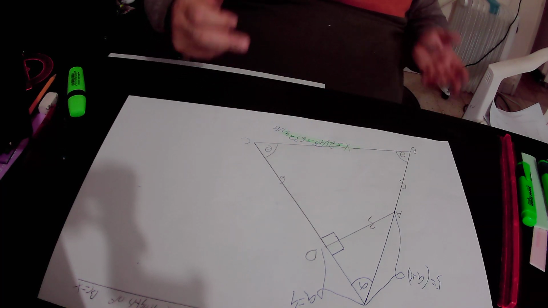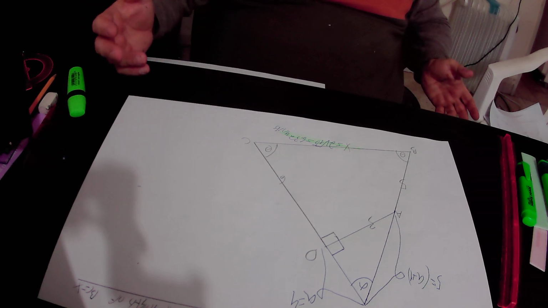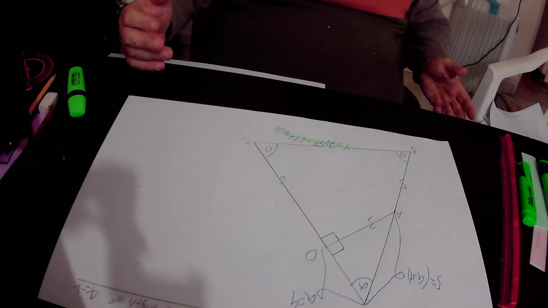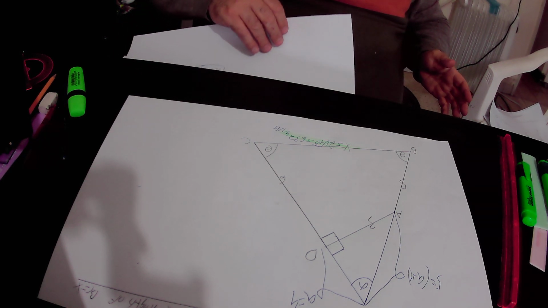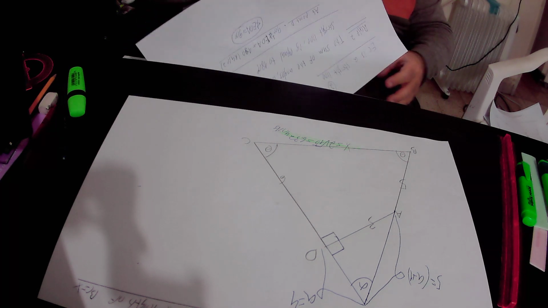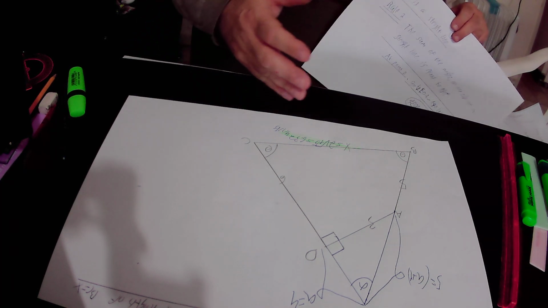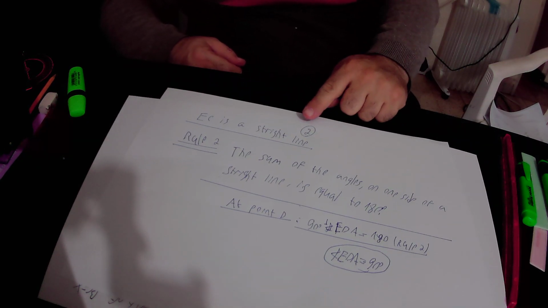So EC is a side of a triangle, it is absolutely a straight line. Anyway, EC is a straight line, for more than one reason.